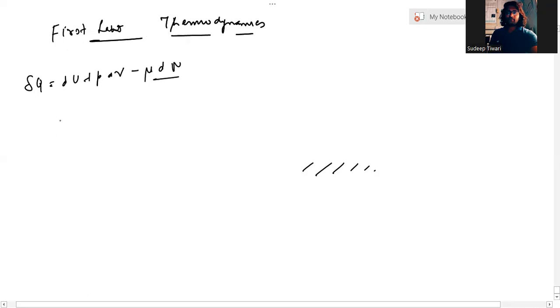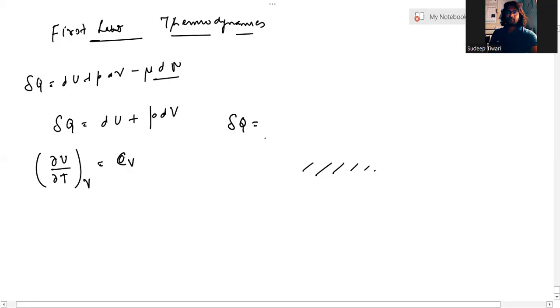I already know that my delta Q, according to the first law of thermodynamics, is equal to dU plus PdV. Now I already know that delta U by delta T at a constant volume is Cv. So I can write my dU as Cv dT, and delta Q is equal to Cv dT plus PdV.